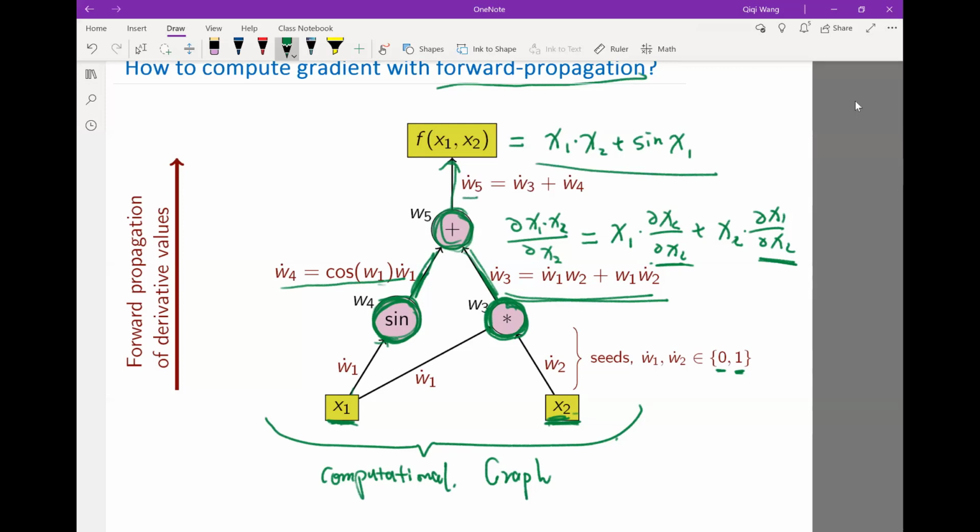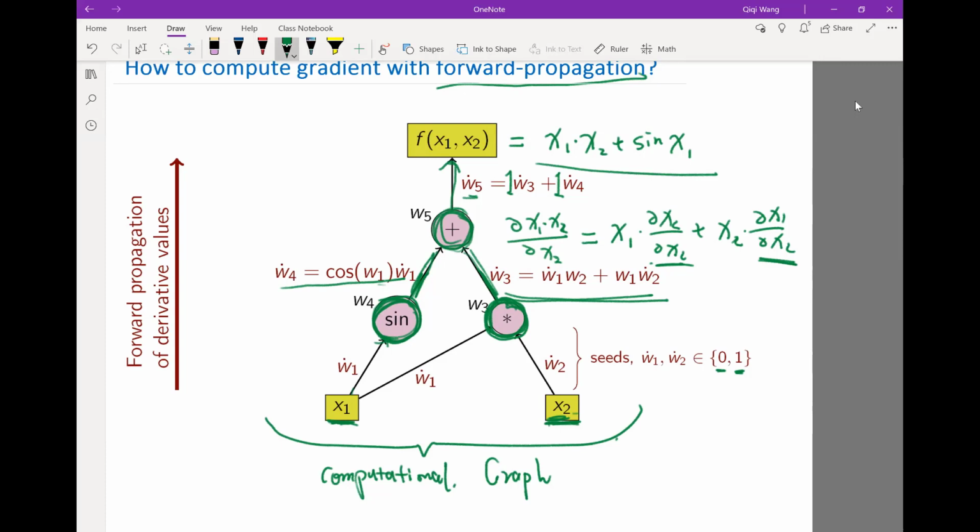So the output has a derivative that is equal to 1 times the first input plus 1 times the second input, right? That way we have already computed the derivative of the final output with respect to the quantity we want to differentiate with respect to. That's the forward propagation procedure.